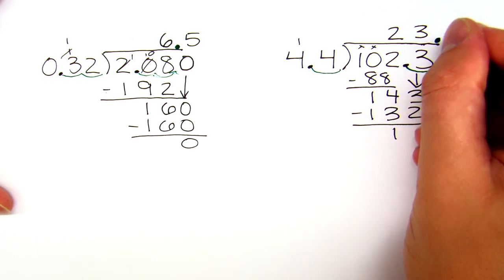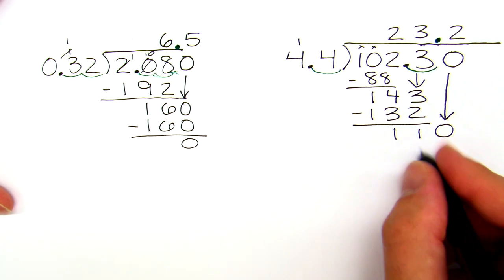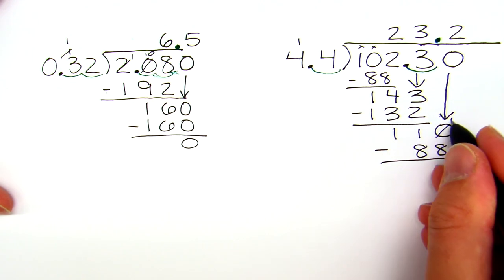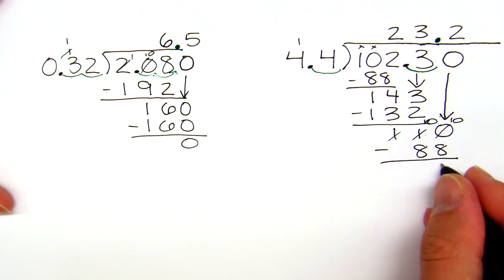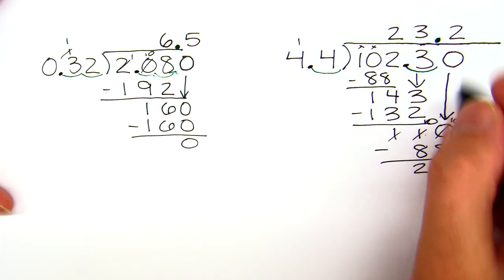So let's try 2. And sometimes you have to make your answer bar a little bit longer. 2 times 44 is 88. We subtract and we get 22, right?